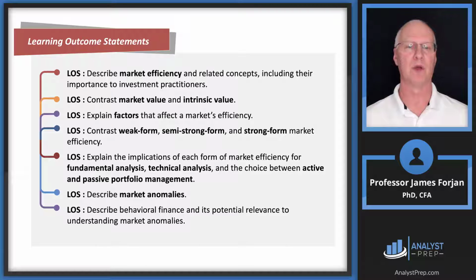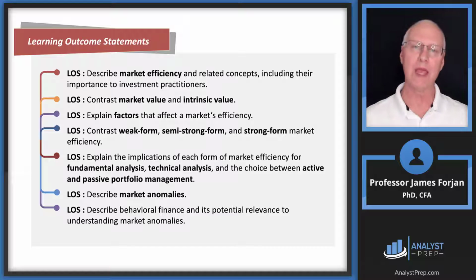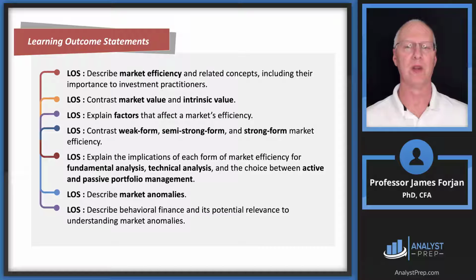topics for exam questions. We'll spend a little bit of time talking about the differences between market and intrinsic value, and then skip down to the application of market efficiency in terms of how we, as good financial analysts, want to use all of this information. And what we're going to do is we're going to use fundamental or technical or active management.